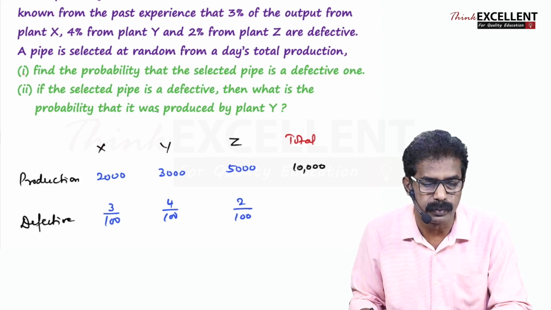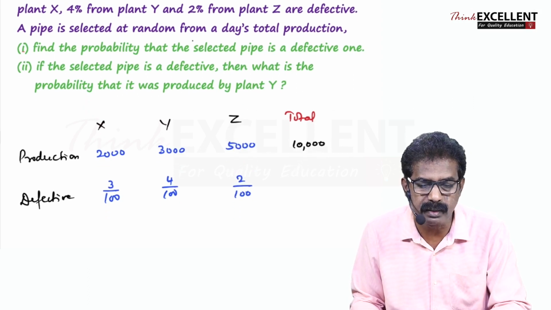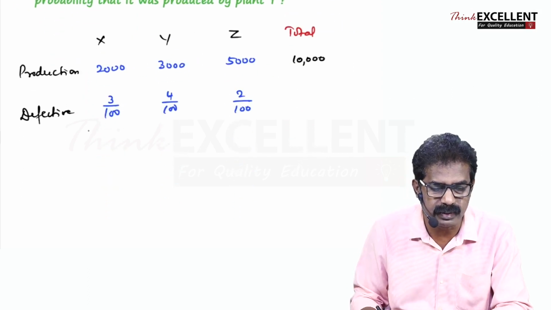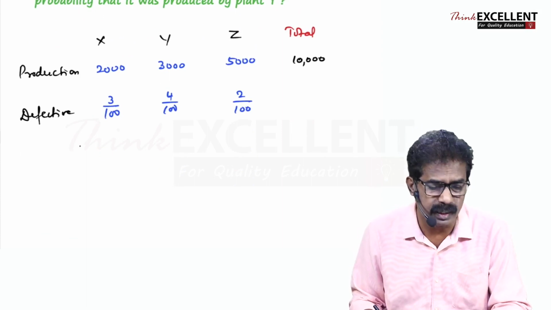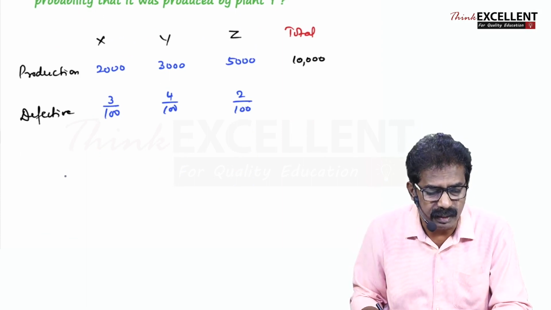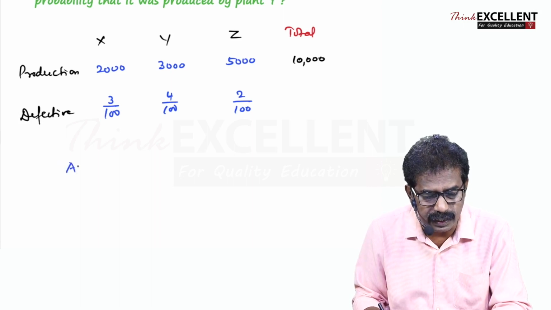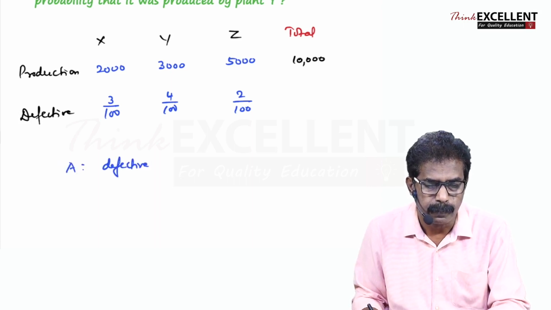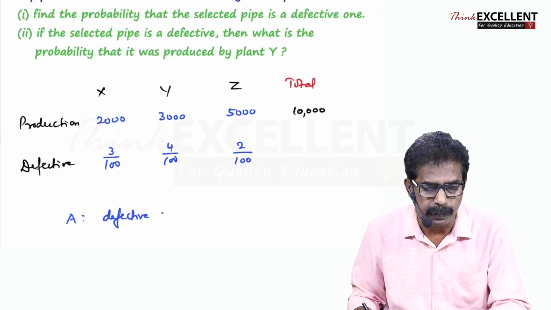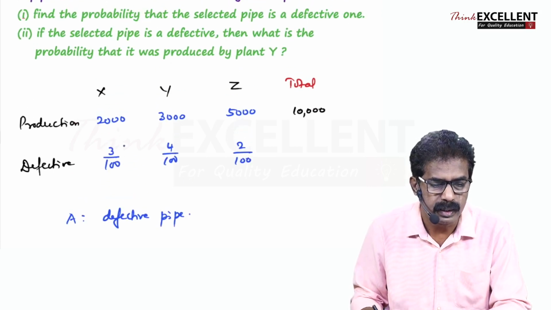A pipe is selected at random from a day's total production. Now first we give some letters. X, Y, Z are the 3 plants, we take X, Y, Z itself. And the defective one I'm taking as A. Let A stand for defective pipe.